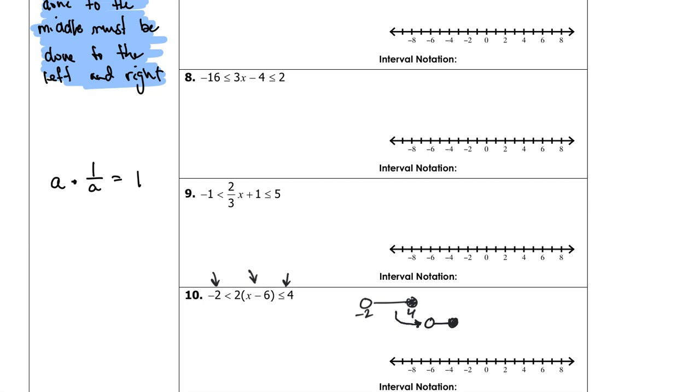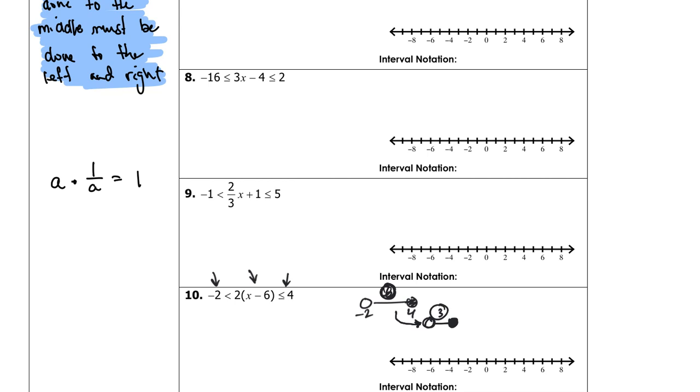And then I'm going to shift it to the right 6 units. Visually, the distance from -2 to 4 is a distance of 6. In my answer, I'm going to end up with a bar that's no longer a distance of 6. I'm going to end up with a bar that has a distance of 3.